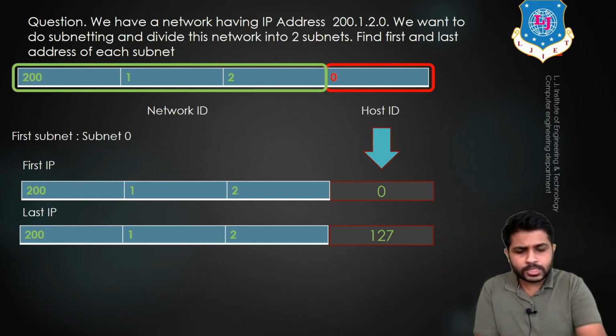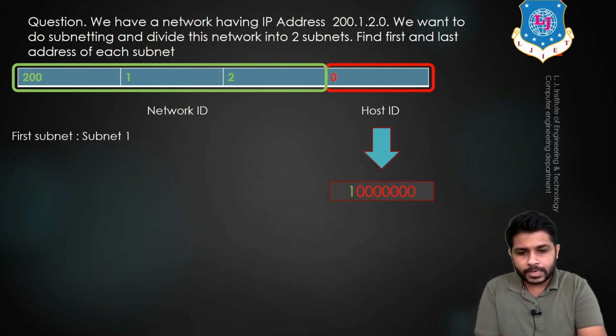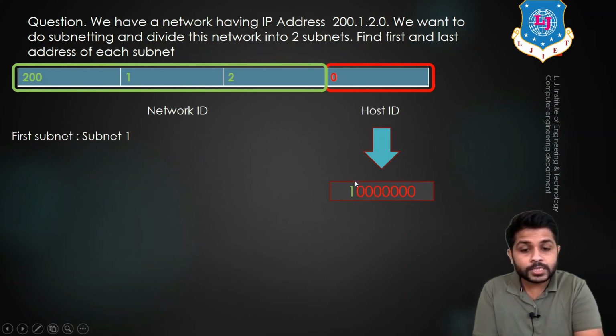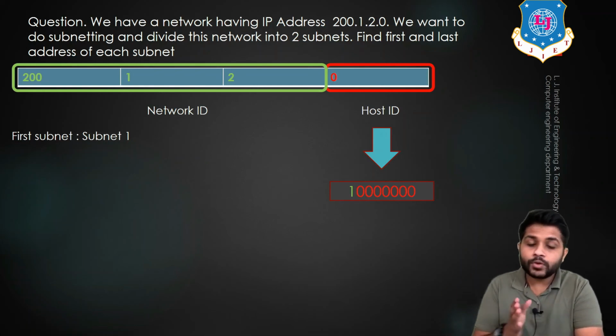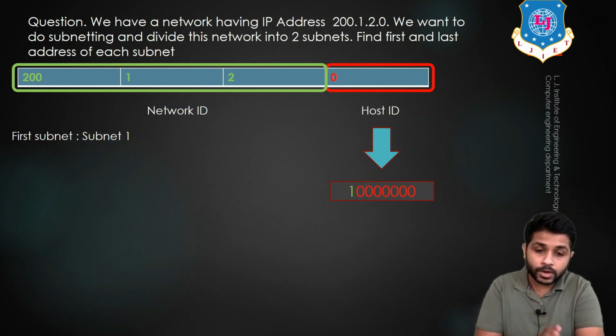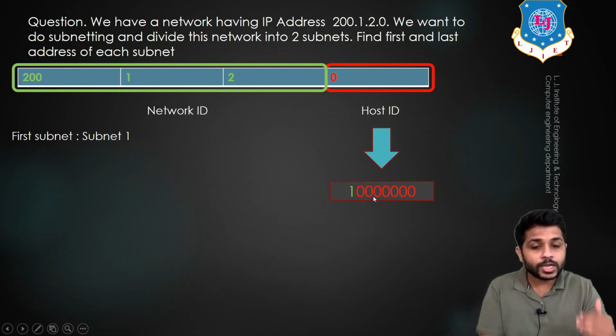Okay, now we want to find the range for the second subnet. So let's do the same procedure. We know that we have to convert into binary, and now you can see that the value of the converted bit is changed from 0 to 1. So for the 0 subnet, the value of the converted bits was 0. For the first subnet, it will be 1. So this value should remain constant throughout the subnet, and the host value will change in the subnet.